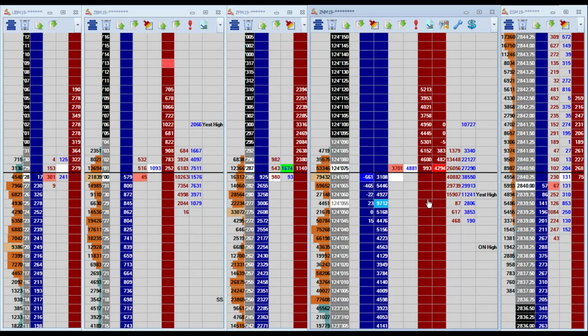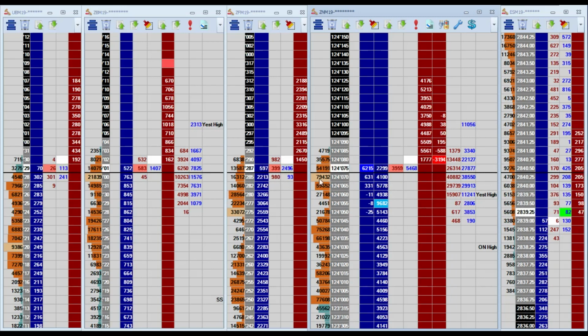So that's just kind of a clue that maybe they don't have an appetite for any higher prices. And it's going to be more of just trading inside this little range or down, even dropping down into the overnight high and filling in this low volume node here. But we'll see. I think the bias still is on the buy side at this point.